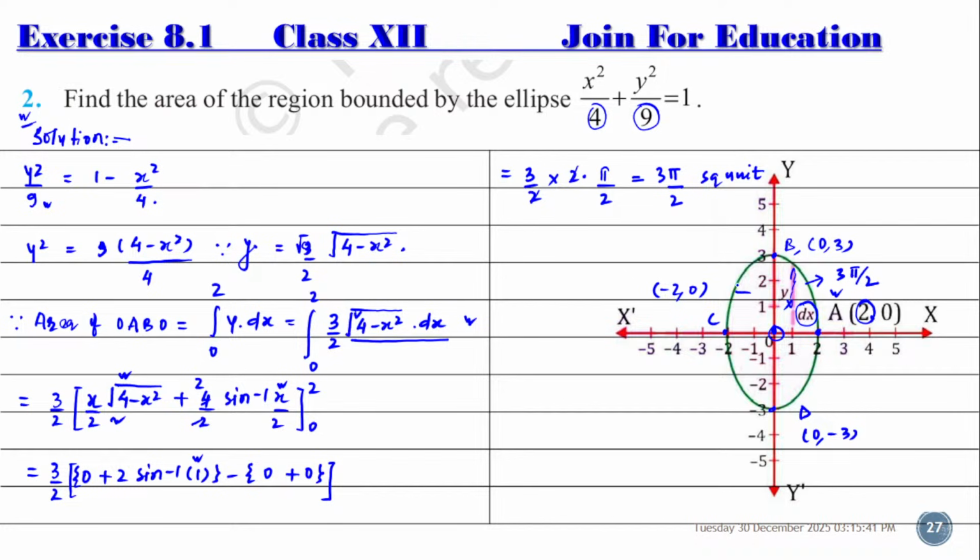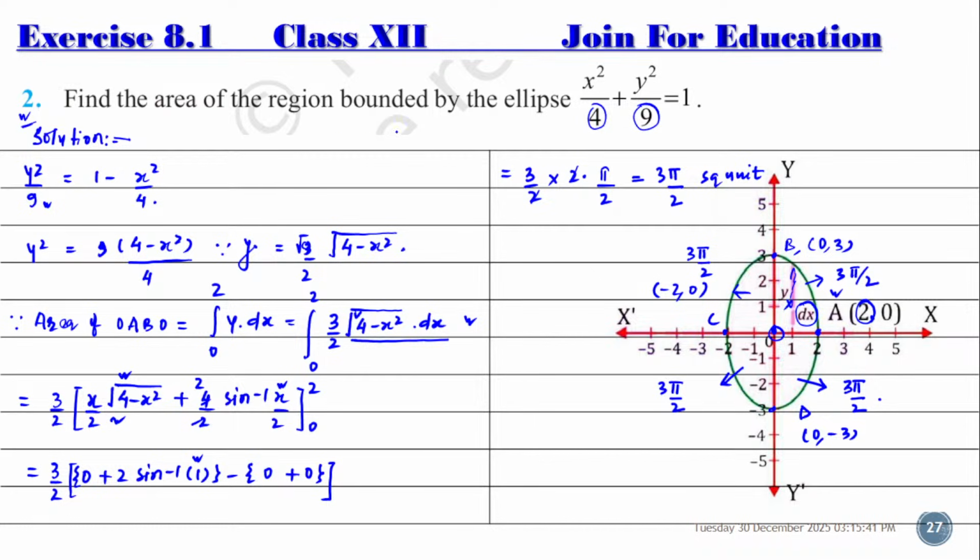Area of this part also will be 3 pi by 2. Area of this part also will be 3 pi by 2, and the area of this part will also be 3 pi by 2.